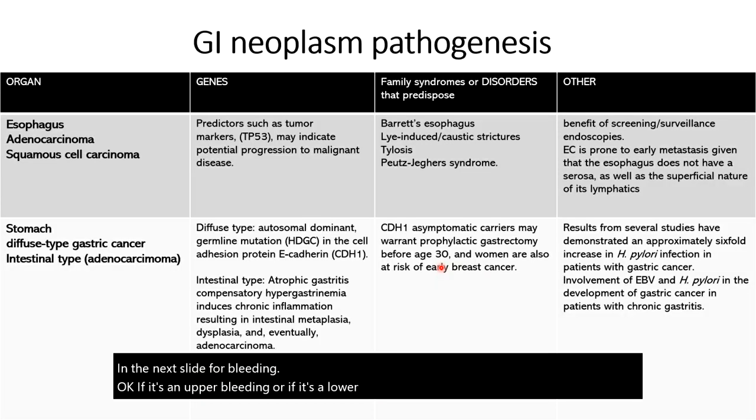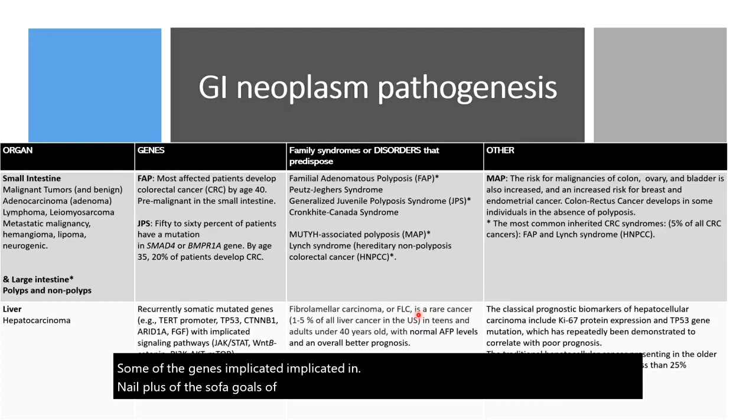For neoplasm, some of the genes implicated in neoplasm of the esophagus, of the stomach, and in the case of small and large intestine, it's very important to review the family genes, the familial adenomatous polyposis, or FAP, and also remember that they have two different genes, one that's autosomal dominant, the other one that's recessive.